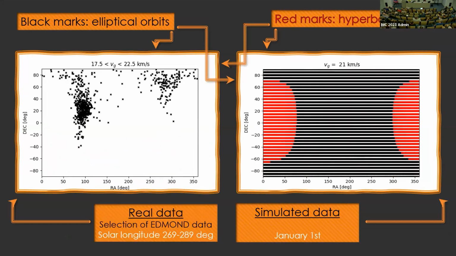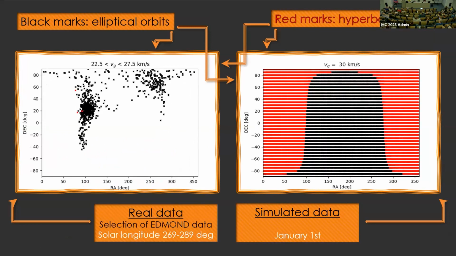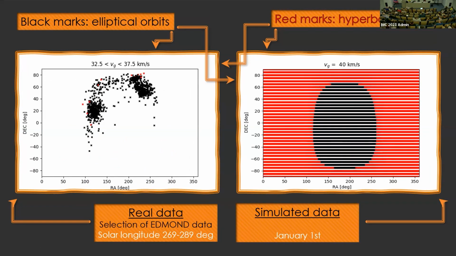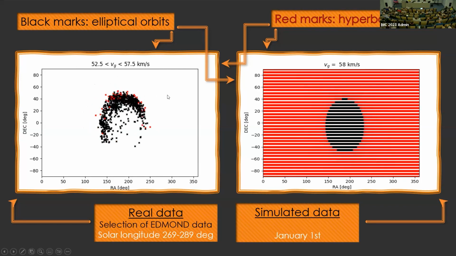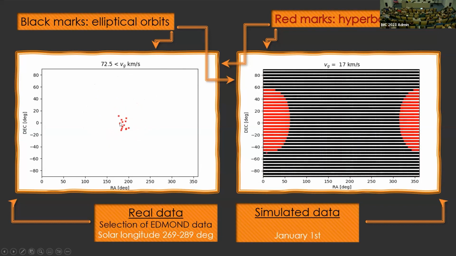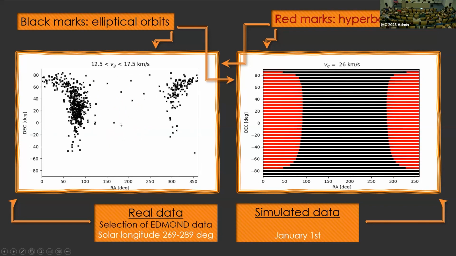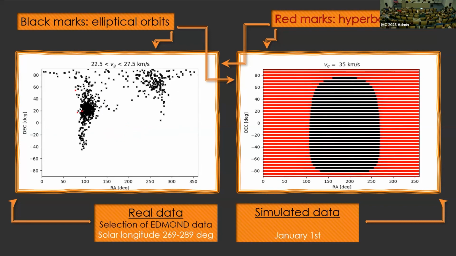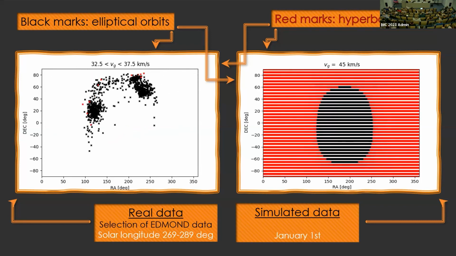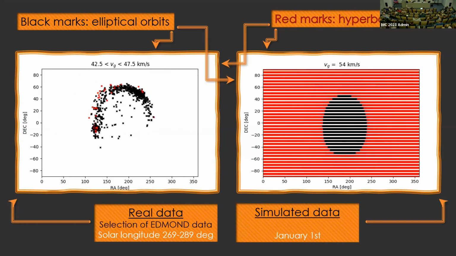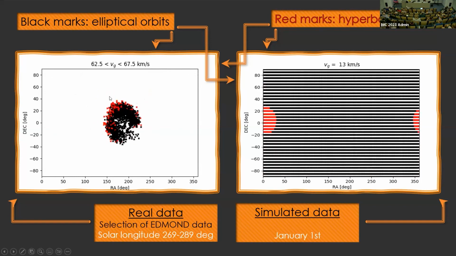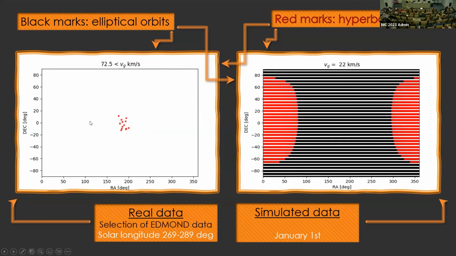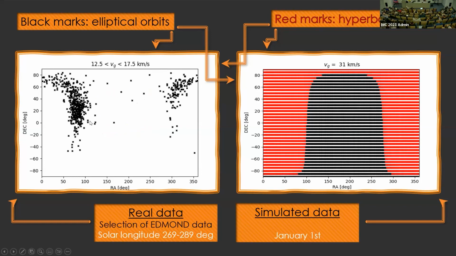This is again the EDMOND data, the selection around January the 1st, and we can see that with increasing geocentric velocity, just like on the right side, the population is sticking together. Even the few hyperbolic meteors we actually have there stick to the elliptical orbits, the black ones. There is really no spread in this region where we could expect the hyperbolic meteors.